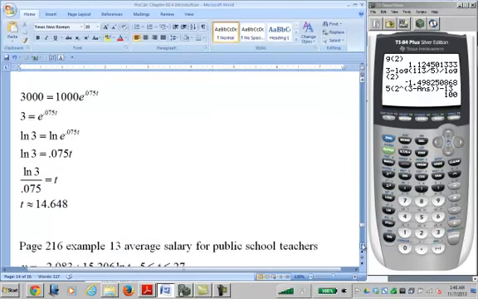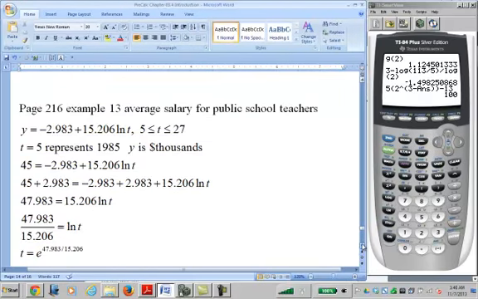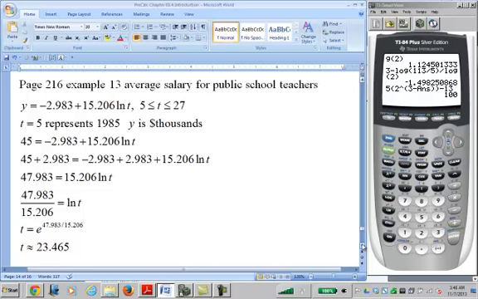Okay. All right, example 13, the average salary for public school teachers. So here's a model for predicting. The average salary in thousands of dollars is approximated by negative 2.983 plus 15.206 times the natural log of t, where t is years.